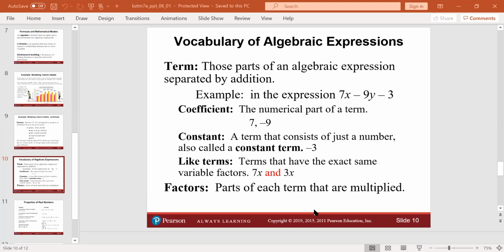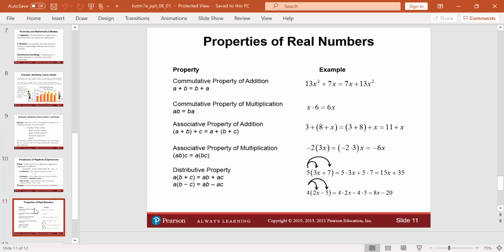That's just the parts that are being multiplied, the individual building blocks. In 7x, the factors are 7 and x. In negative 9y, the factors are negative 9 and y. Really, the term factor just means it's a piece of something that's being multiplied to something else. That's all a factor is. And we are definitely going to be revisiting that term.